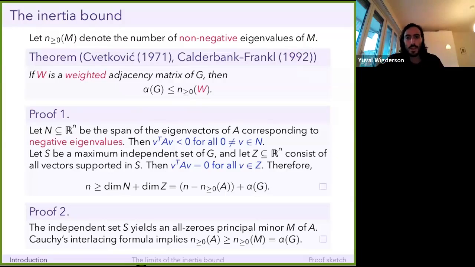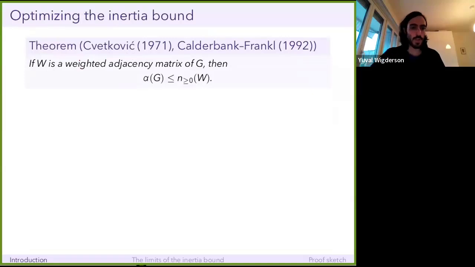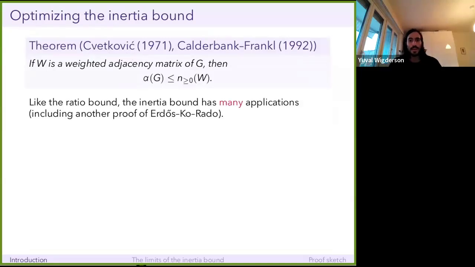So now that we have such a result, we of course want to ask the natural optimization question. Or actually, sorry, maybe before that, I should say that this simple result with the short proof is again very useful and very powerful. It gives you another very short proof of the Erdős–Ko–Rado theorem. However, as before, for many of the applications you really do want the weighted version.